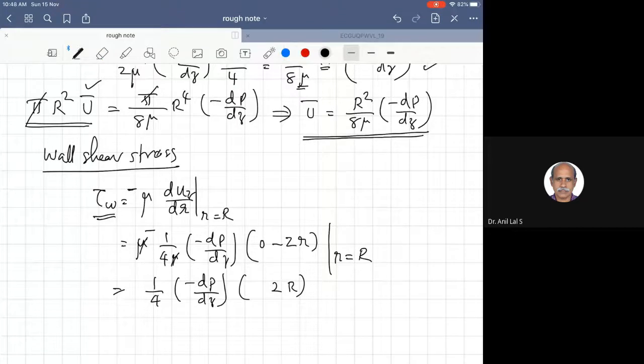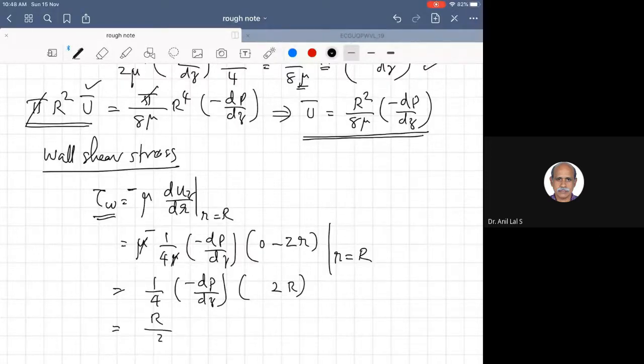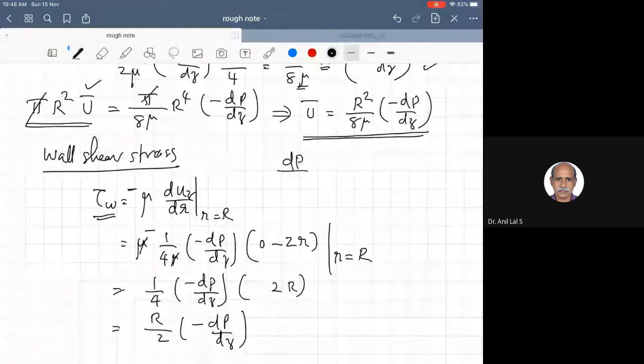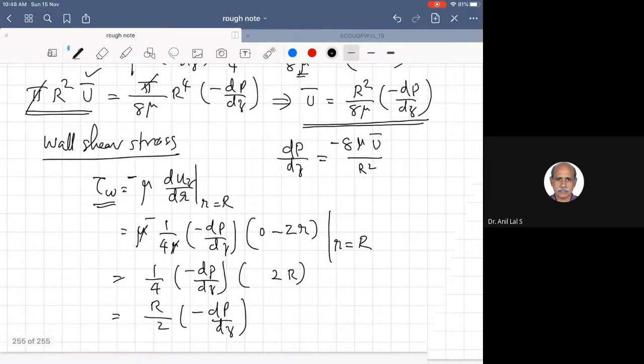This can be further written as R by 2, minus dp by dz. And also we can have dp by dz written as 8 mu u bar by R squared with a negative sign. That is also possible. Then we shall write tau w in terms of average velocity.